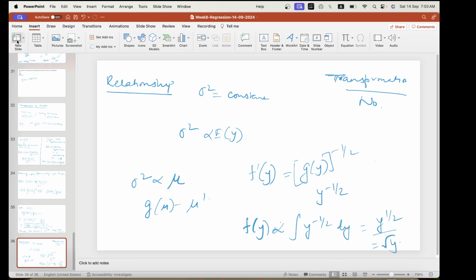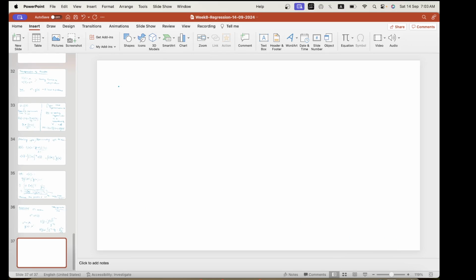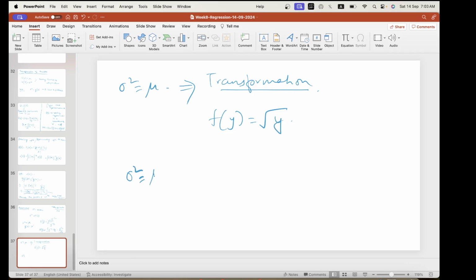Therefore the required transformation when we have sigma square equal to mu is actually fy equal to root y. So sigma square will be equal to mu when we have a Poisson variable.